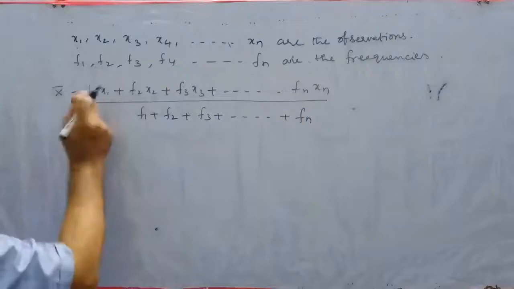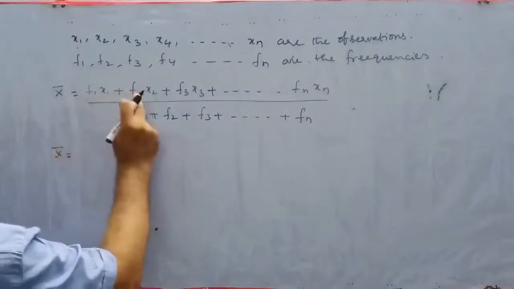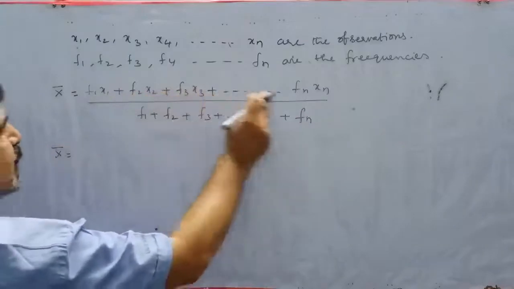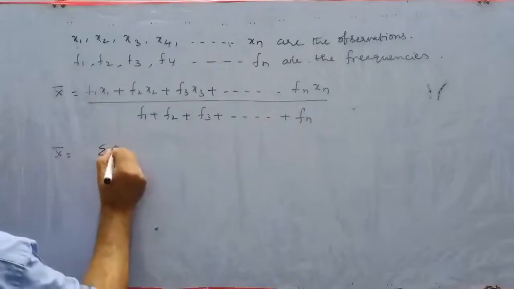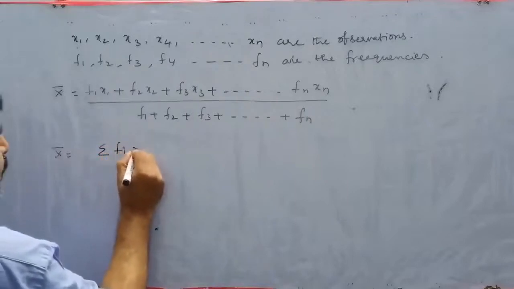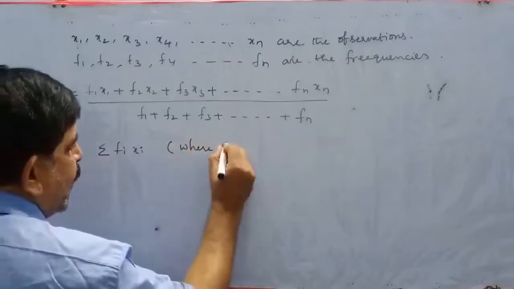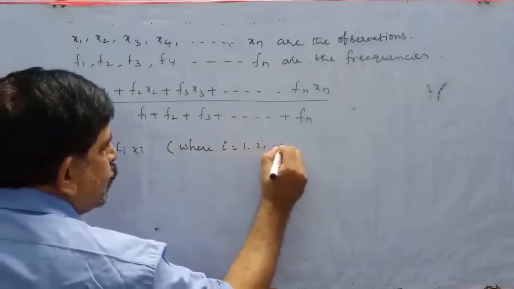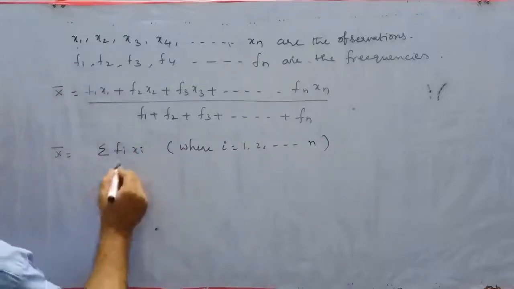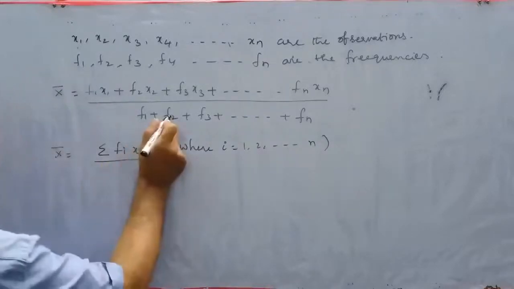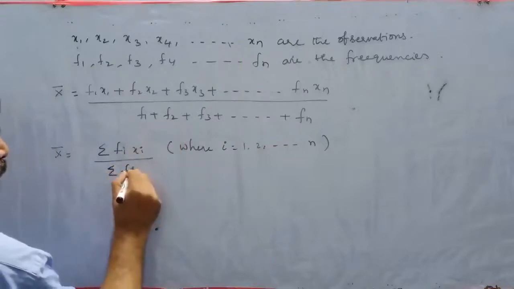Now this x bar can be written as f1 x1 plus f2 x2 plus f3 x3 and so on up to fn xn, which is sigma fi xi, where i is equal to 1, 2, and so on to n, divided by the sum of the frequencies, sigma fi.